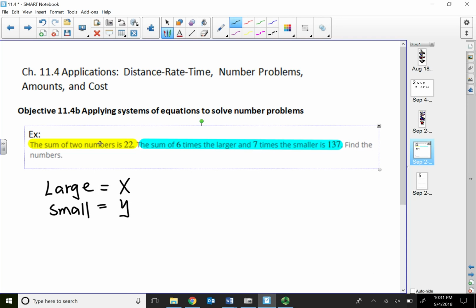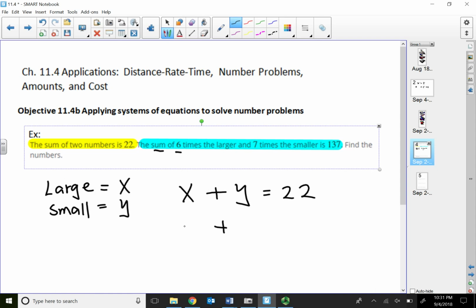Back to the first one I highlighted in yellow. The sum of the two numbers is 22. So that means the large plus the small is 22. All right, let's translate my second one. The sum. When I see the word sum, I write plus.